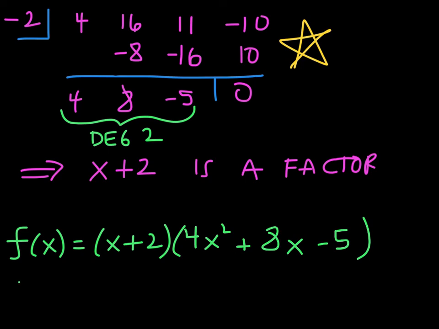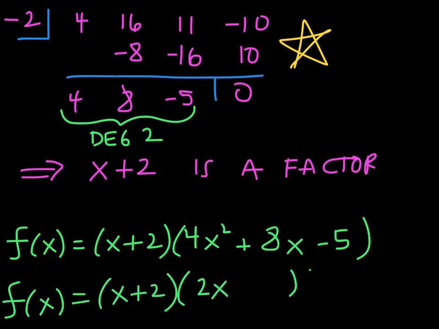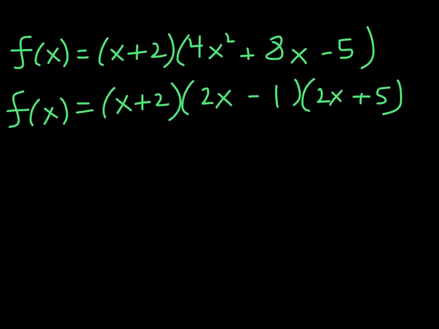So then this can be factored, I think it can, as, let's see, 2x plus 5 out here, that'll give me 10, and then minus 1. Okay, that'll definitely work. So this is the complete factorization for my function, fully factored.